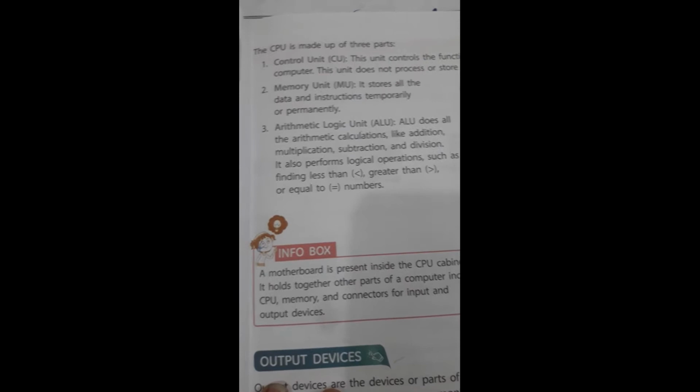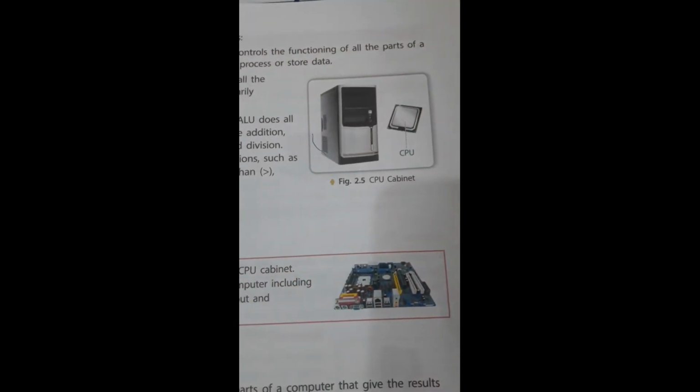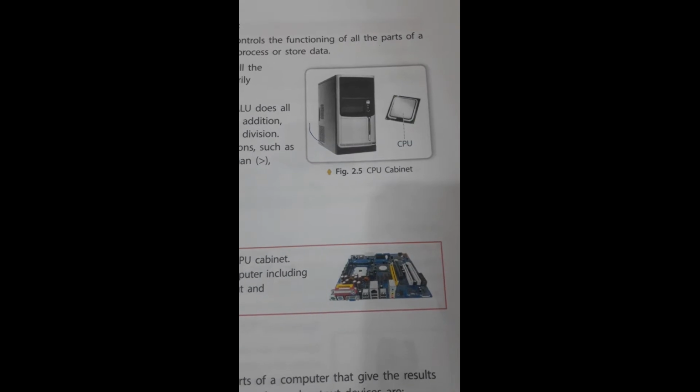The CPU is made of three parts: first, the control unit CU; second, the memory unit MU; third, the arithmetic logic unit ALU. So this is the CPU. It is made of three parts.